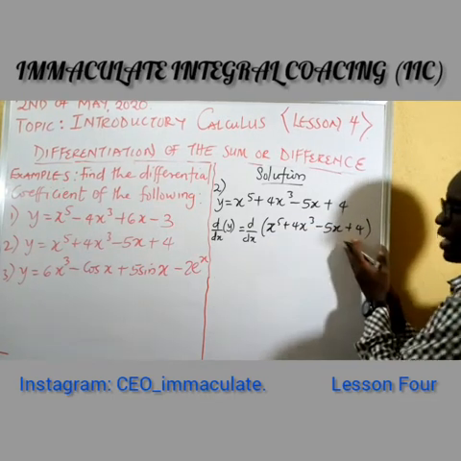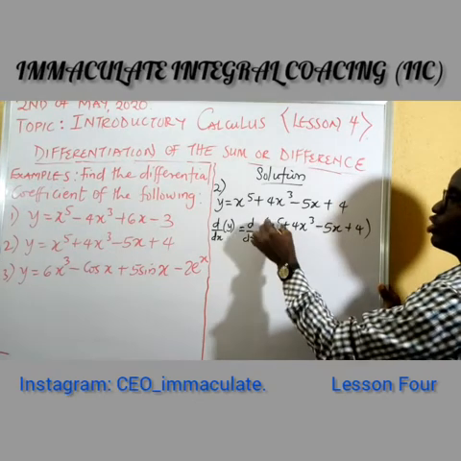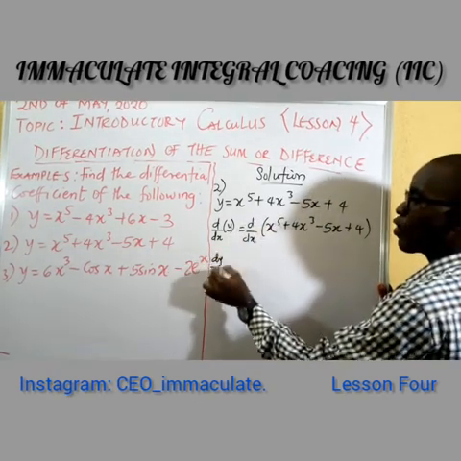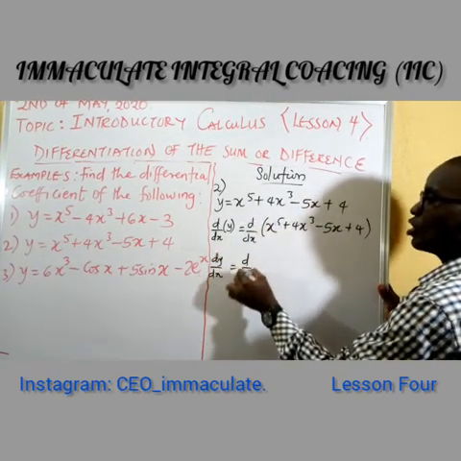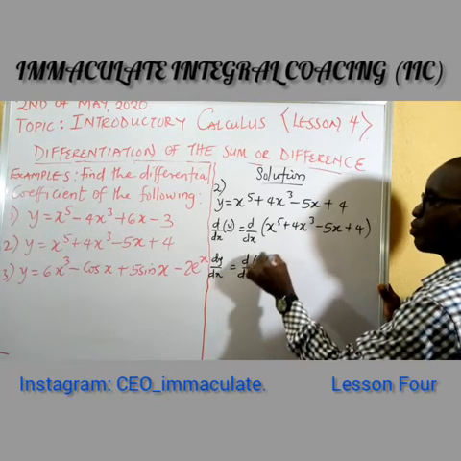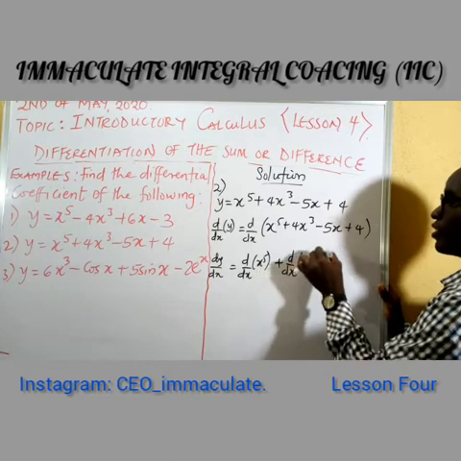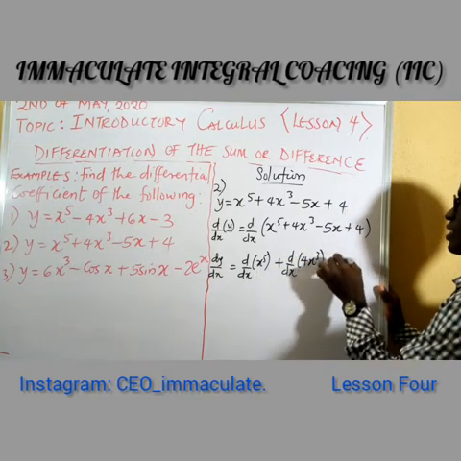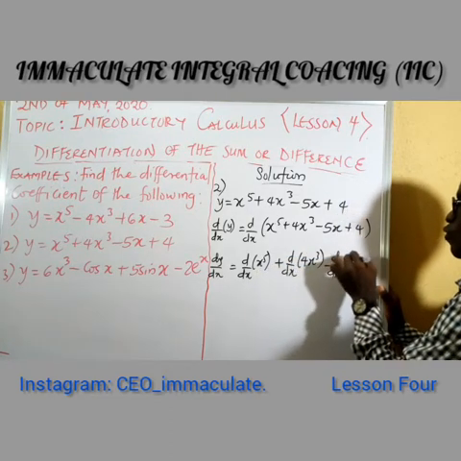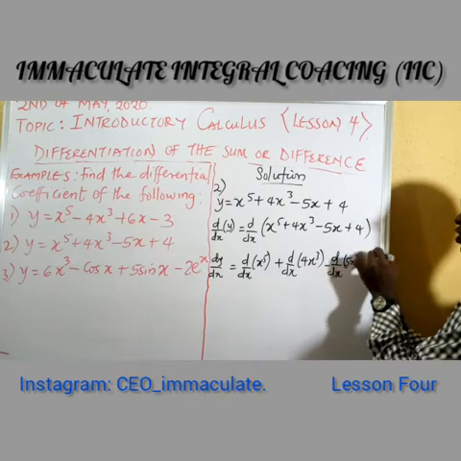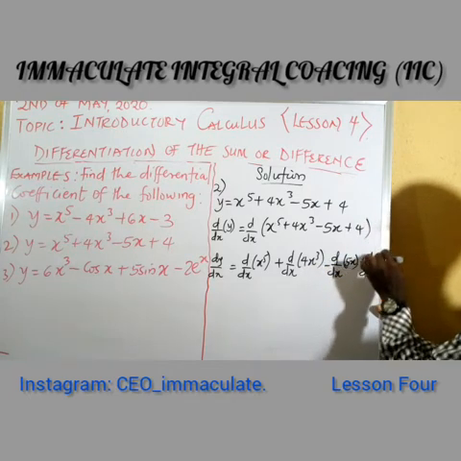Multiplying through, dy/dx equals d/dx of x to the power 5 plus d/dx of 4x cubed minus d/dx of 5x plus d/dx of 4.